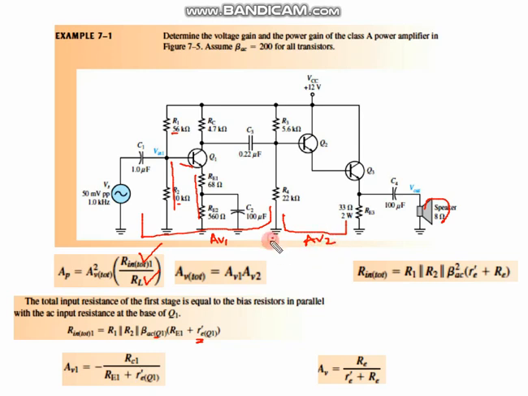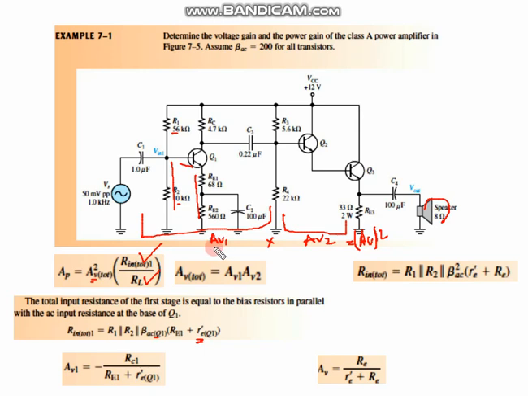I will take the product of these two, which is AV total, and I will take the square of this. This is shown over here.